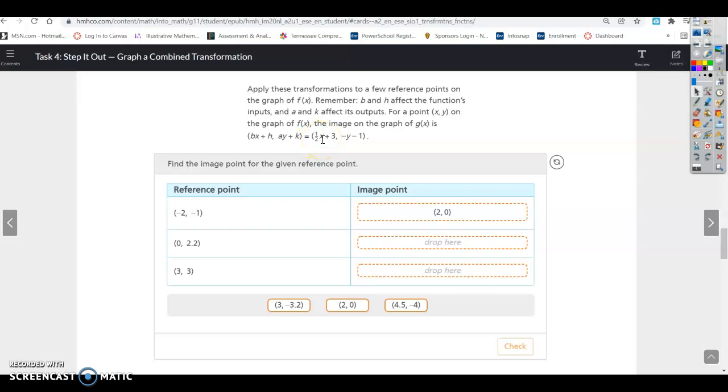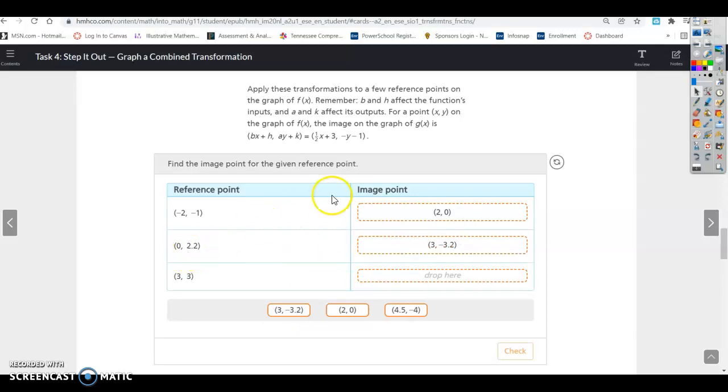Half of 0 is 0. 0 plus 3 is 3. So our next point should be this. And then I can plug in -2. Negative of -2 is 2, minus 1 would be 1... so that works. All right, so the last one is going to be half of 3, which is just 1.5.